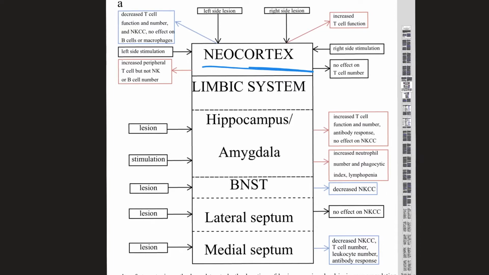Does that make sense? Okay. Let's put this in the perspective of individuals that have imbalanced left and right-sided cortical function. For me, that always comes back to autism or ADHD.